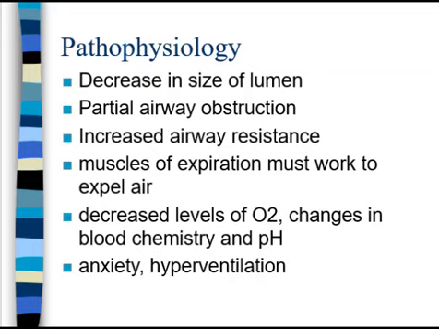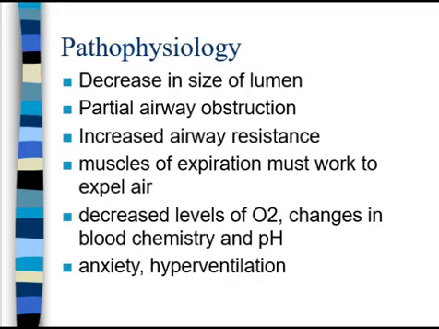So the three factors, the spasm, the edema, and the mucus, lead to a decrease in the size of the lumen, which is the opening. When you decrease the size of the lumen, it means you've narrowed the bronchioles and you have a partial airway obstruction and also increased airway resistance. So it's harder to bring the air in and then exhale it out.